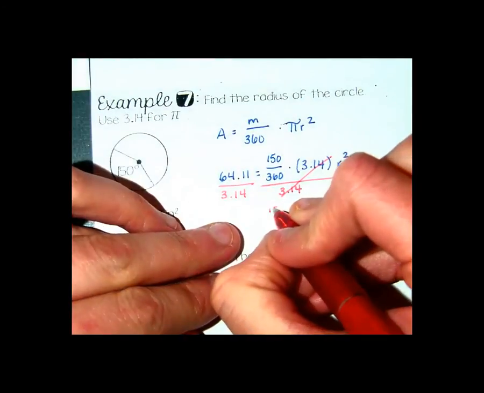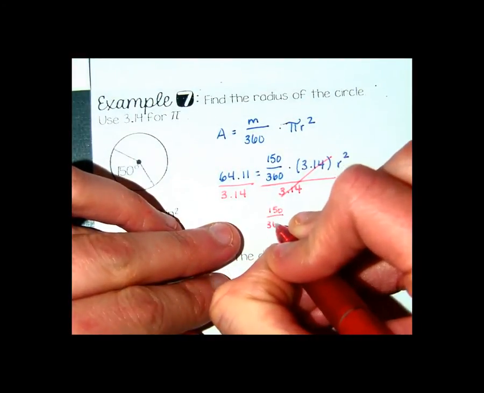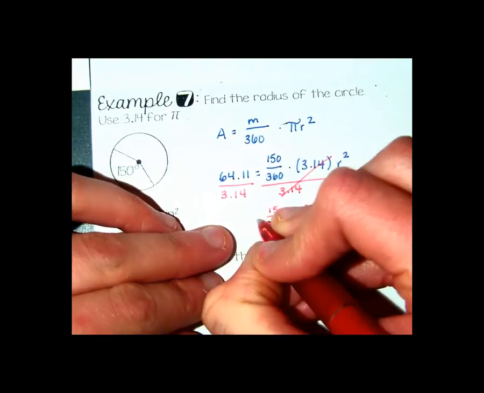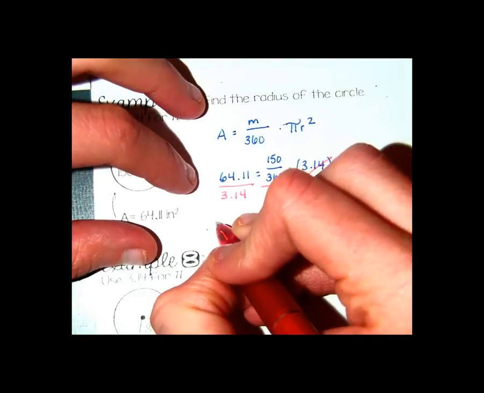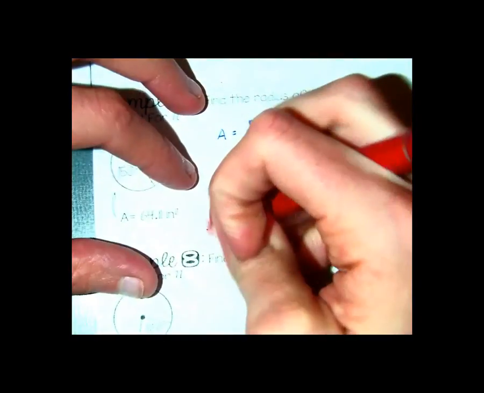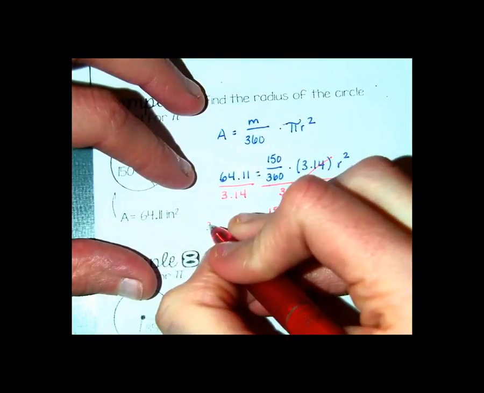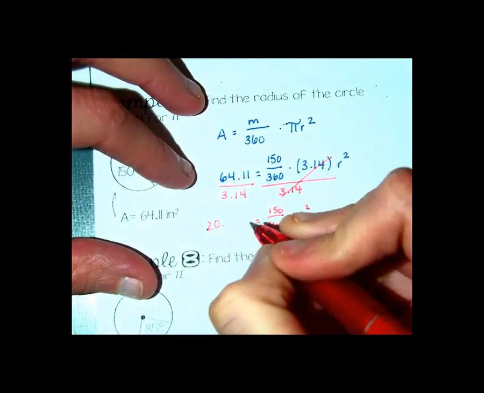So I still have 150 over 360 times r squared. What is 64.11 divided by 3.14? Oh, see, we'll have to round on that one too. Since we don't really need to round, let's keep 4 decimal places till we get to the very end.